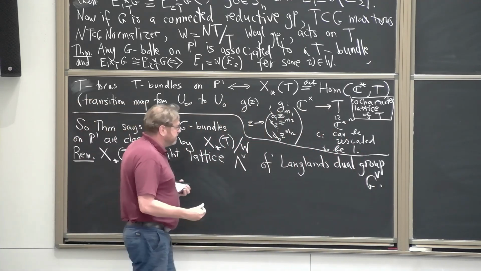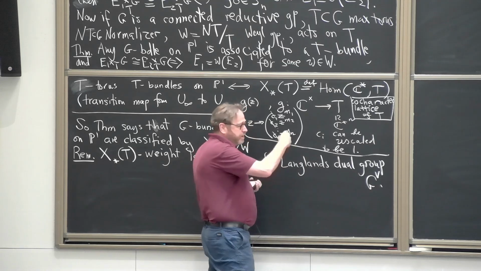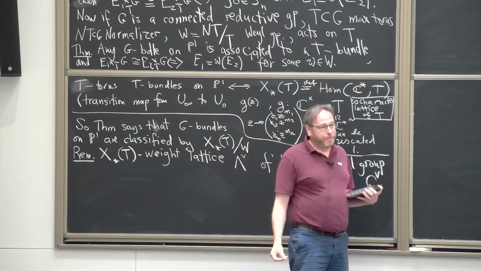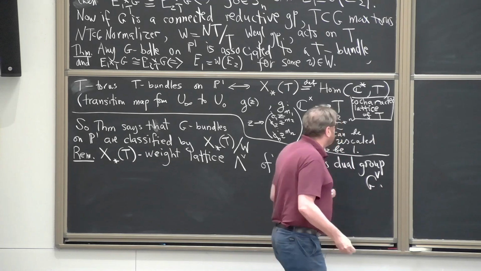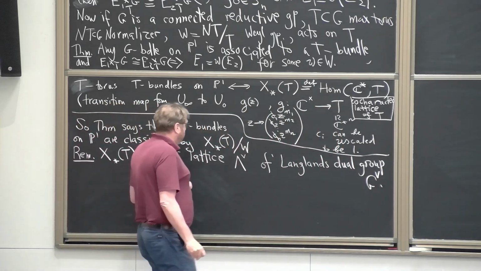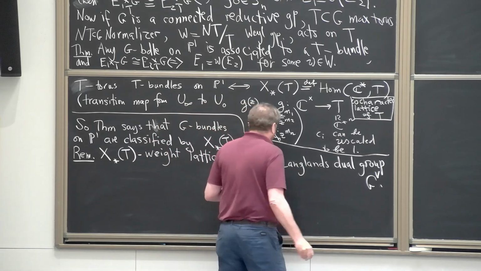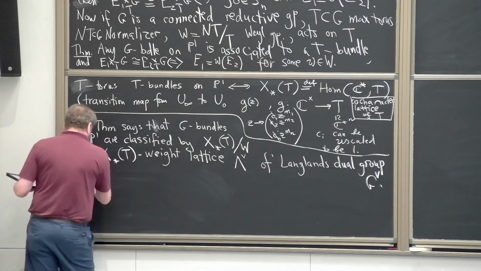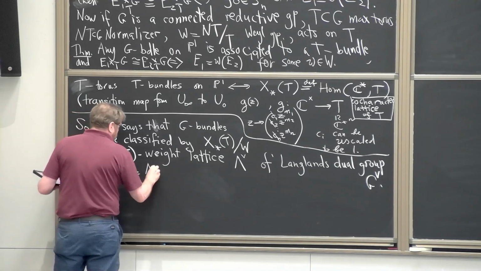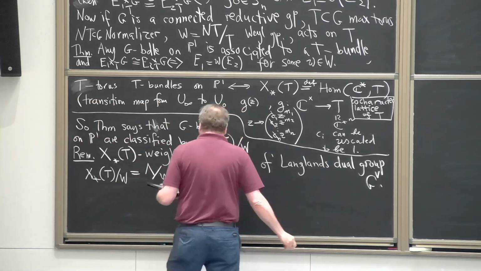Langlands duality is a deep connection between objects related to G and some objects related to G check. And actually, this is a baby example of Langlands duality. G bundles on P1 are classified by weights, so basically this X star of T mod W is the same as lambda mod W. So this group G and G check always have the same Weyl group.